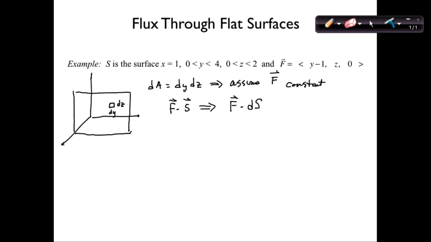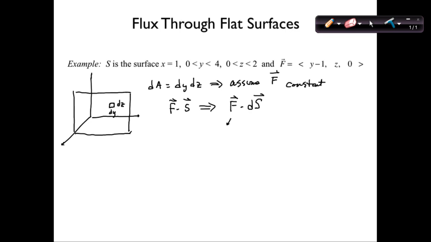It's going to be a little area vector. So this is still an area vector. It's just for a small element. All right, and so what is that? What is dS?